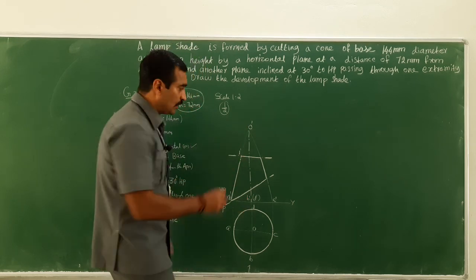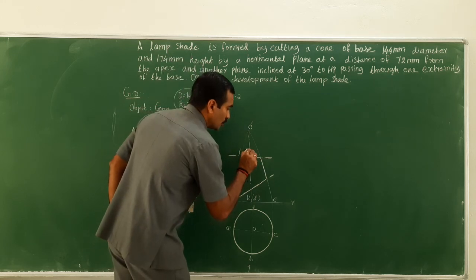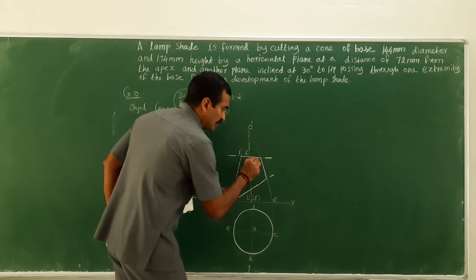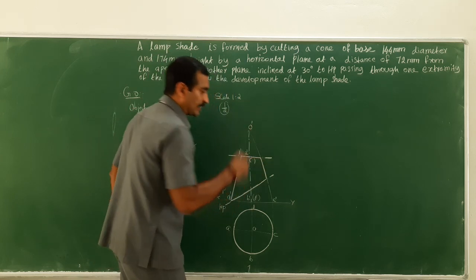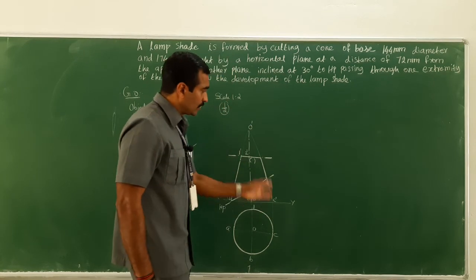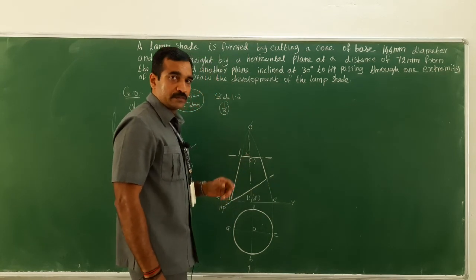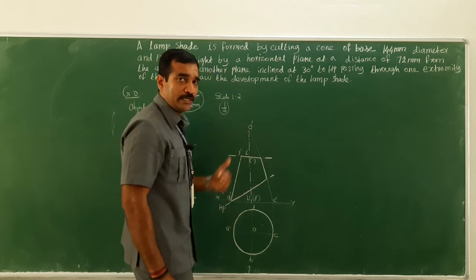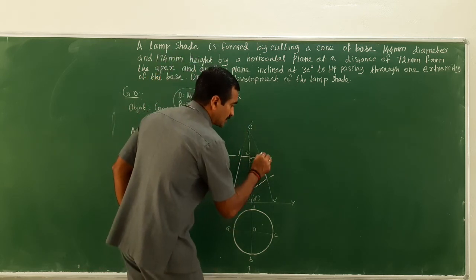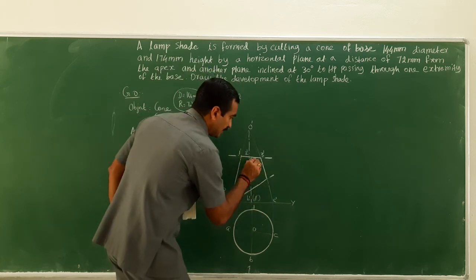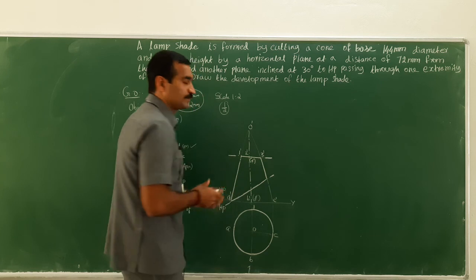OB is visible, therefore 2 dash. OD is right behind, that is invisible, so I am just leaving a bracket. And next, the generator line OC. Only one point would have been generated, the newly created cutting point. Therefore, this could be 3 dash. What about this? Then naturally this could be 4 dash.